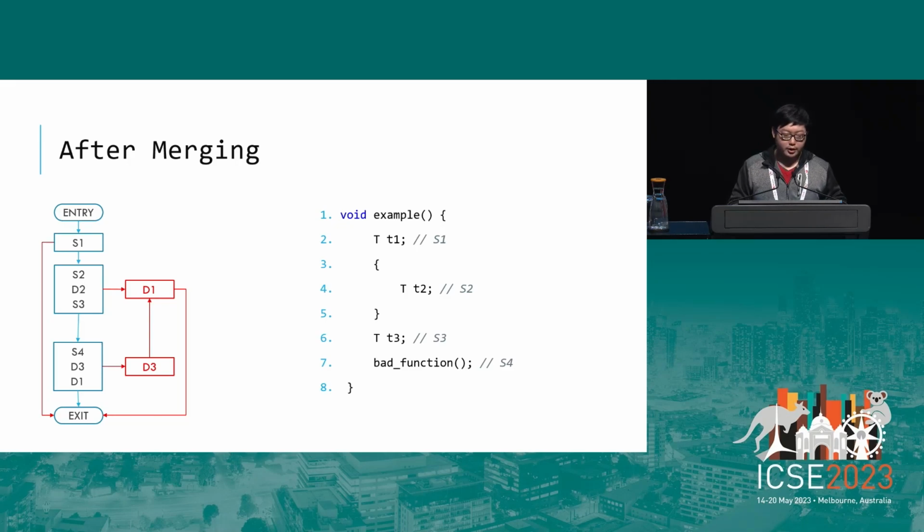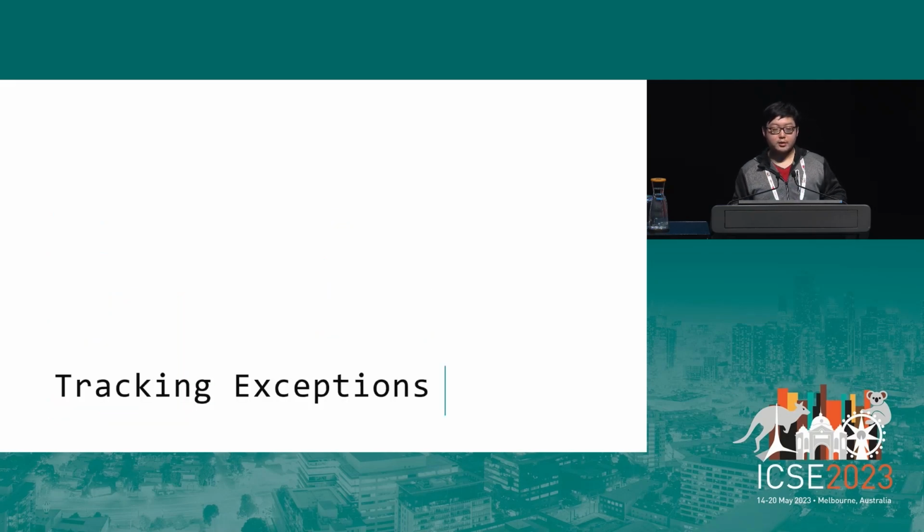And this is the final extended control flow graph. This CFG will then be used by the symbolic execution. This is how we extend a CFG. Next, I will use another new example to show how we track the exceptions.